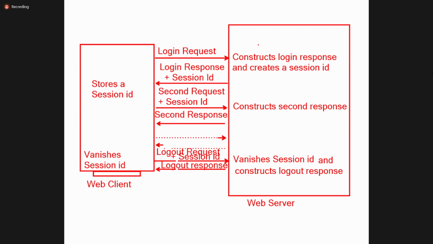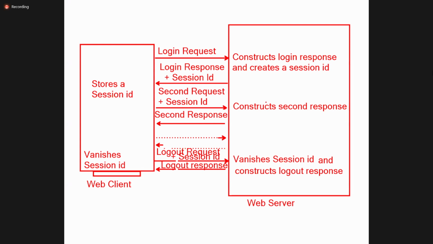See, first of all, the login request comes. The login response is constructed. Very first time, a session is created. Session creation is required. That ID is passed to the client system. Next time, whenever you select some books or items, with that request the ID also comes.